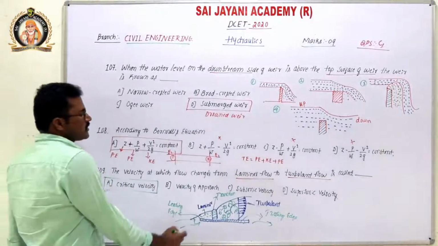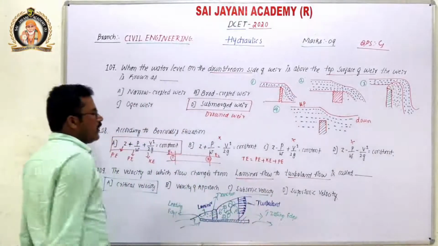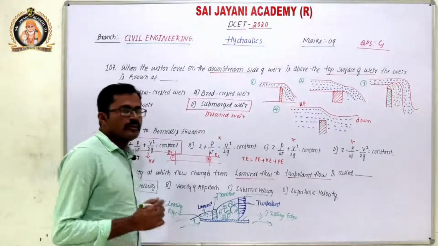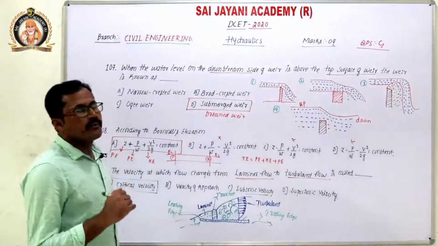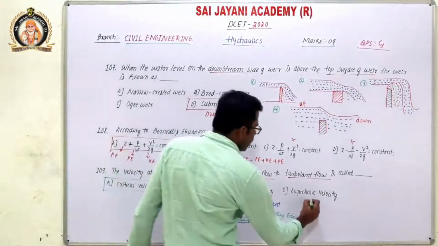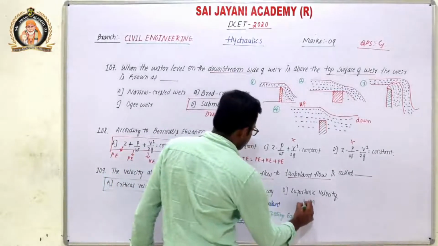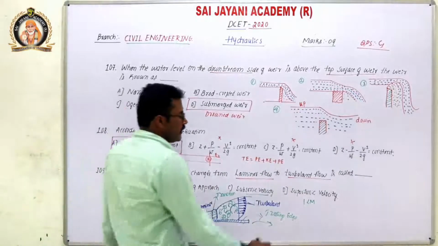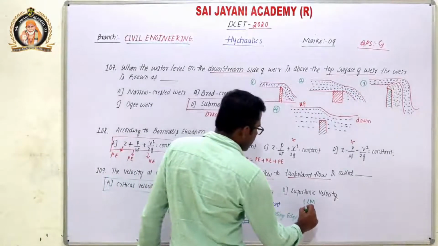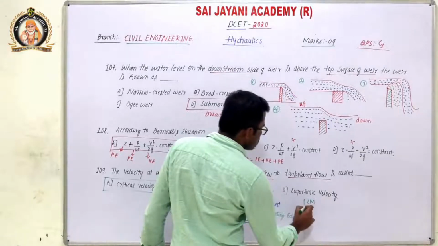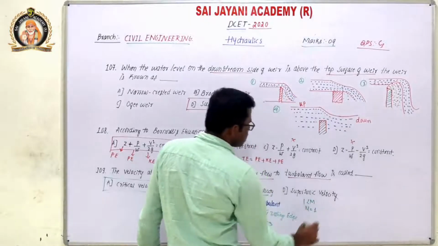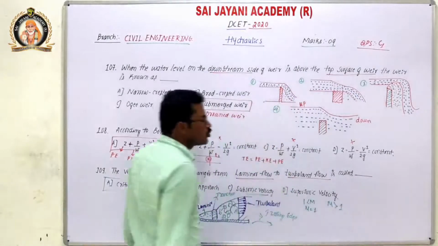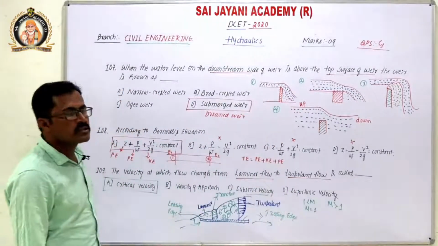So what about subsonic velocity? If the Mach number value is less than 1, then it is known as subsonic velocity. If M is equal to 1, then sonic velocity. If M is greater than 1, then it is supersonic. M means Mach number.